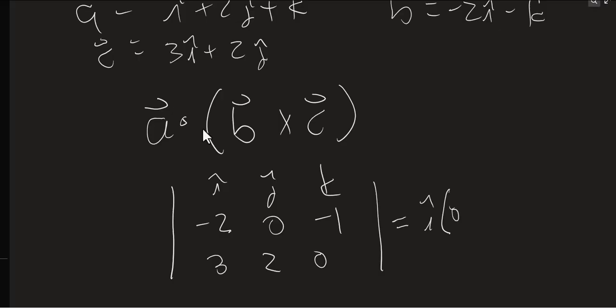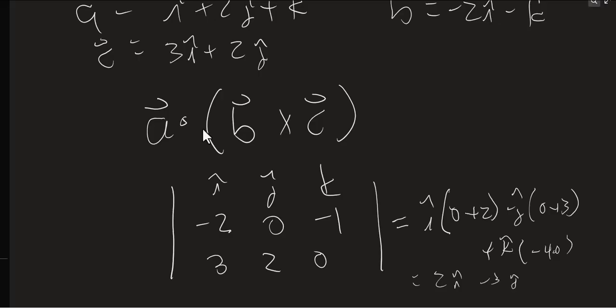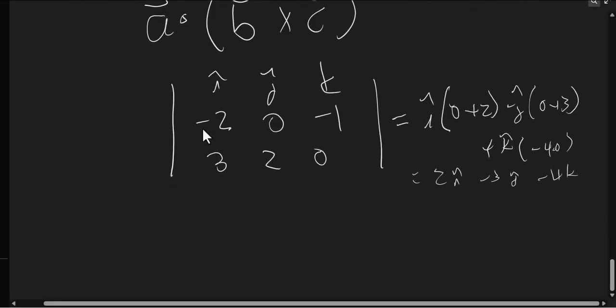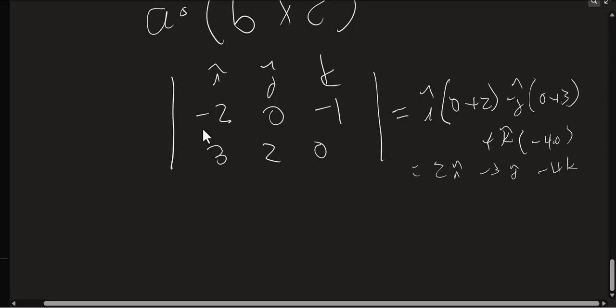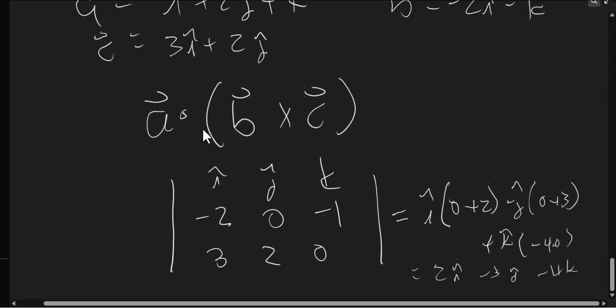So this is i, 0 plus 2, minus j, 0 plus 3, plus k, negative 4 minus 0, which is 2i minus 3j minus 4k. That very well might have a mistake in it. Okay, so it's going to be A dot that. So what was A?